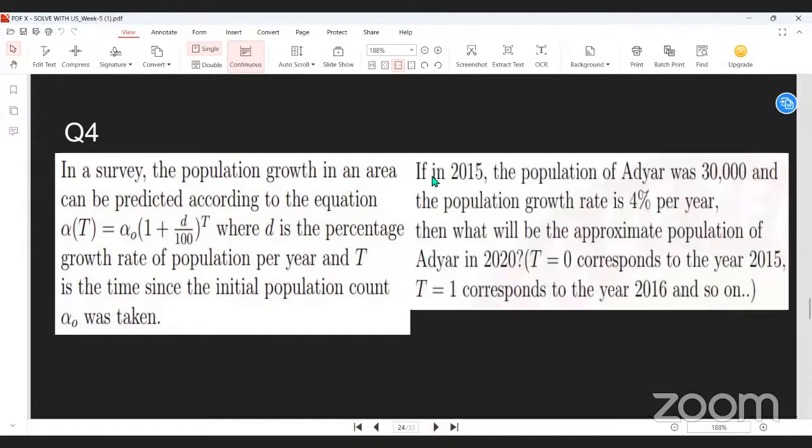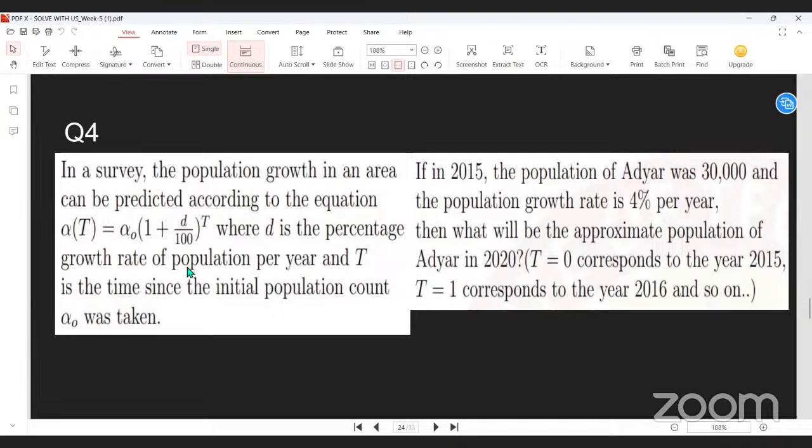So if in 2015 the population of Adyar was 30,000 and the population growth rate is 4%, then what will be the approximate population of Adyar in 2020? Here t equals 0 corresponds to 2015, t equals 1 corresponds to 2016, t equals 2 corresponds to 2017 and so on, right?